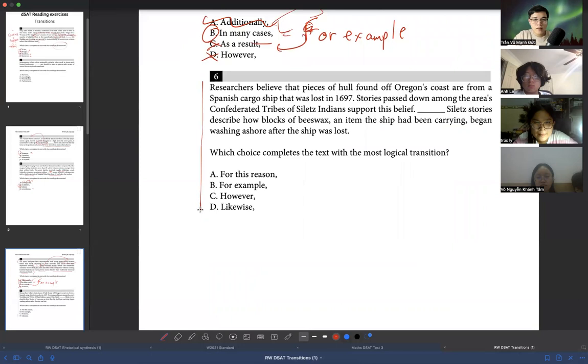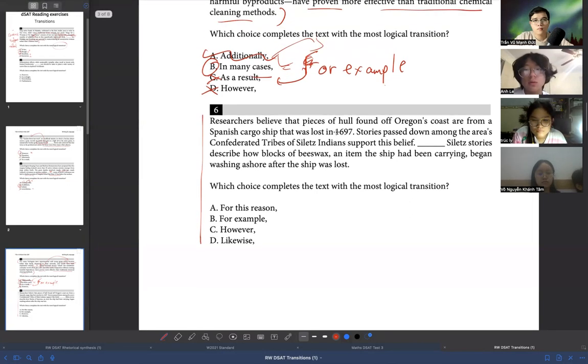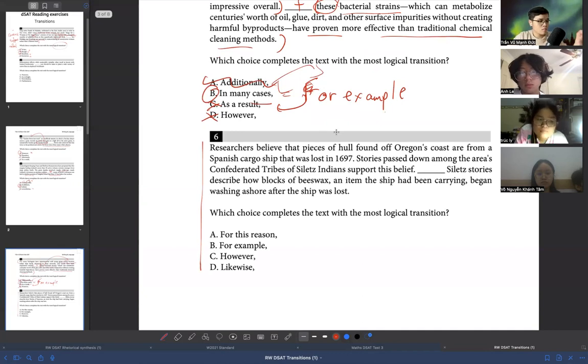This is kind of tricky, but please pay attention to 2 sentences, only 2 sentences. Let's choose A. Right, A, let's see.